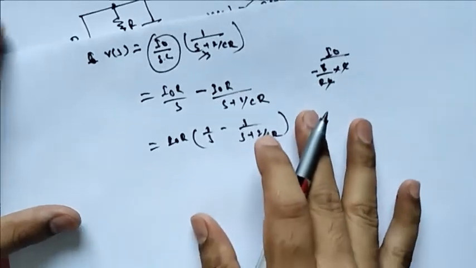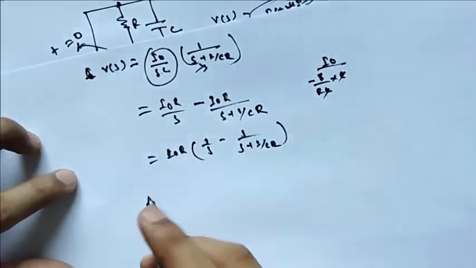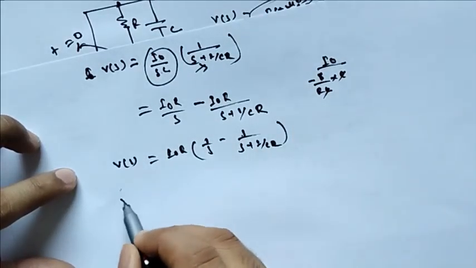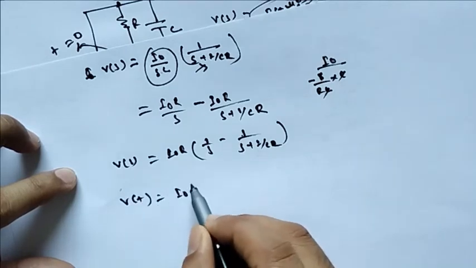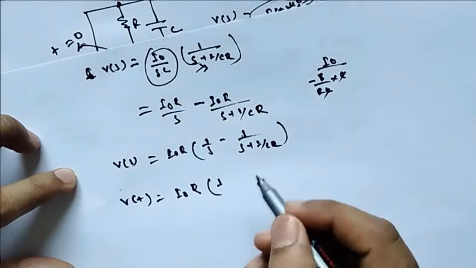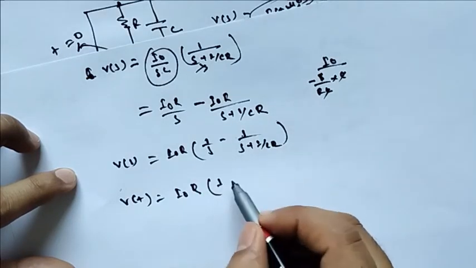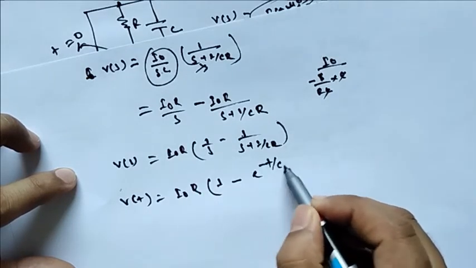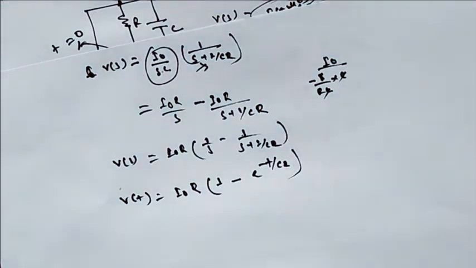Now if I take the inverse of this function, V of t will be I naught R times 1 minus e to the power minus t by CR. So this is the graph we are going to get.